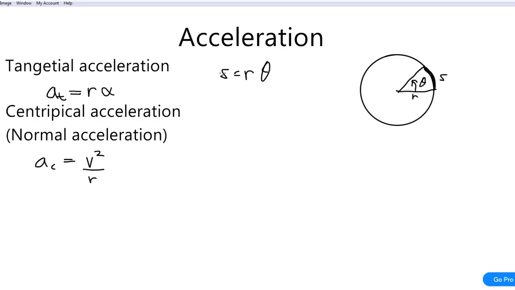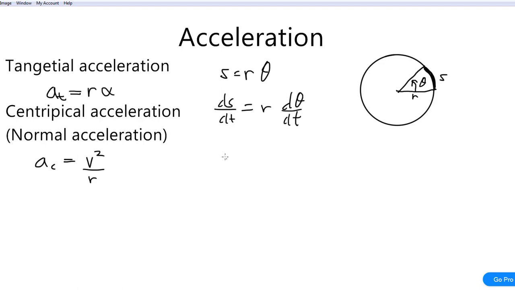When you take the derivative of this with respect to time, and you assume that the radius isn't changing, you get basically ds/dt equals r d theta/dt.